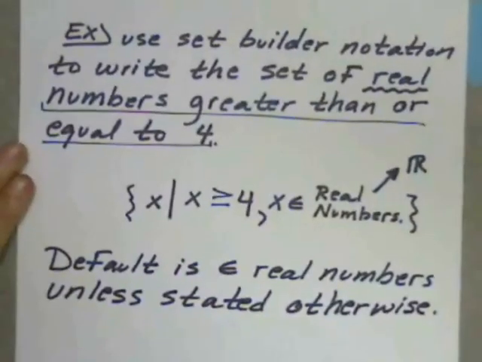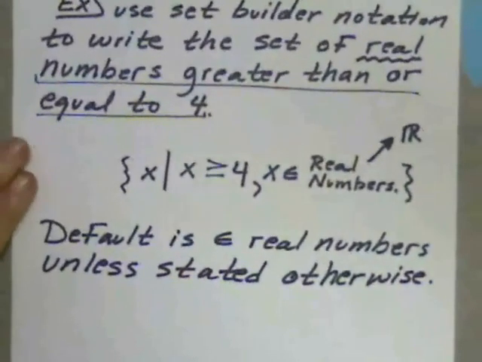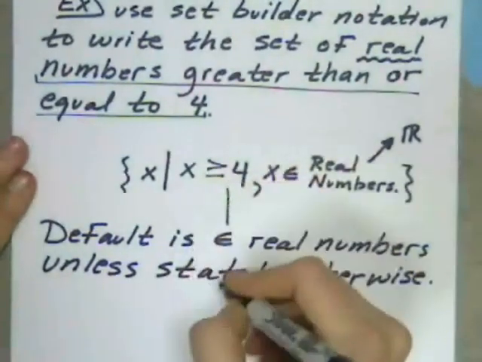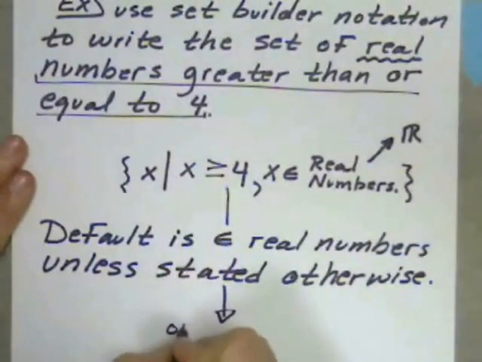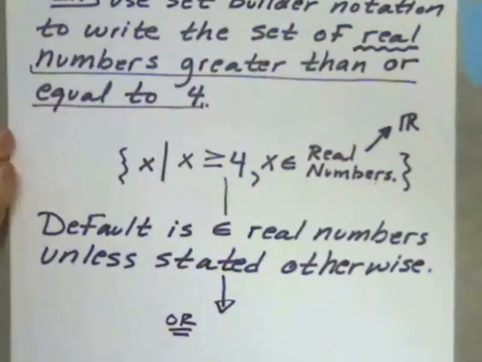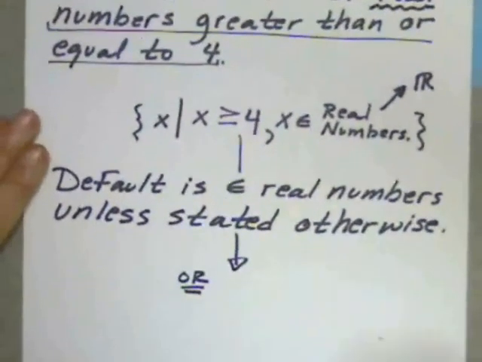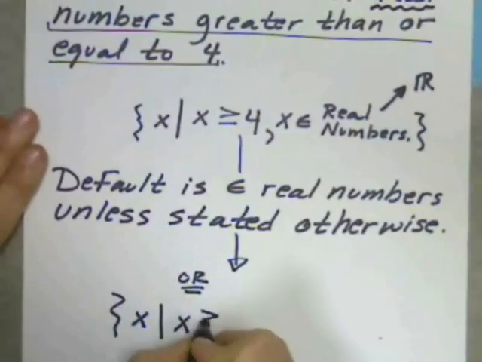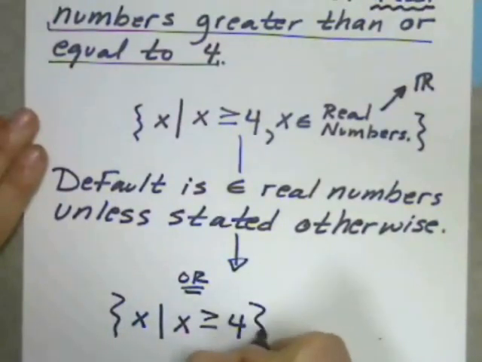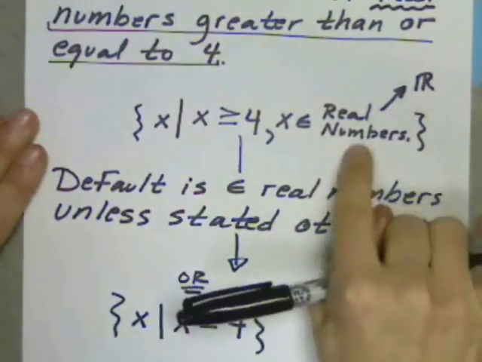Another correct answer to representing the example we're doing right now. This right here could also be written as X such that X is bigger than or equal to 4. You can stop there because it was the real numbers.